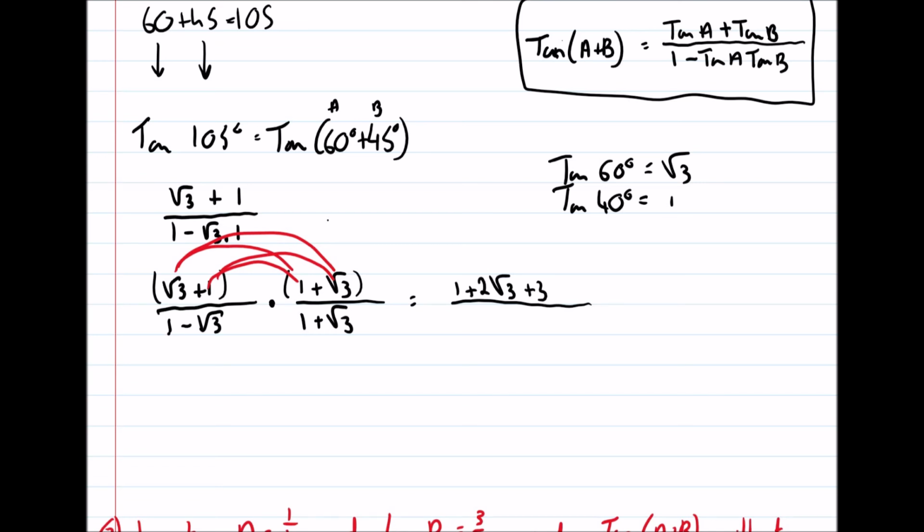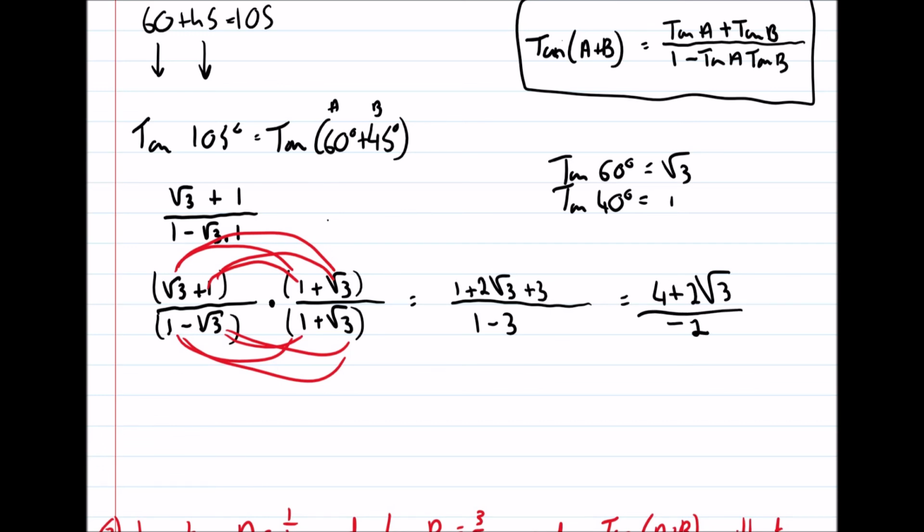On the bottom then, if you do likewise, you multiply this by this, this by this, this by this, this by this, you will get 1 minus 3 equals minus 2. So simplifying all that, you will have 4 plus 2 root 3 all over minus 2. Okay, so that's the answer.